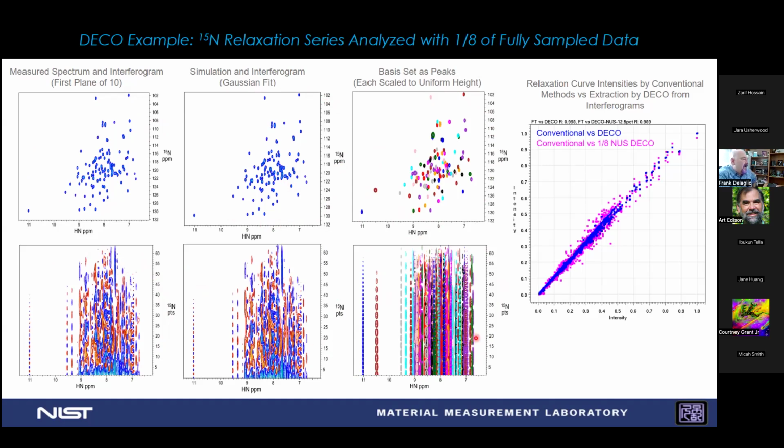And in turn, what this allows us to do is extract data from a much more limited subset, where only an eighth of the original measured points are kept, and we can reproduce the intensities still with a correlation factor of almost 0.99 with 1/8 of the data.